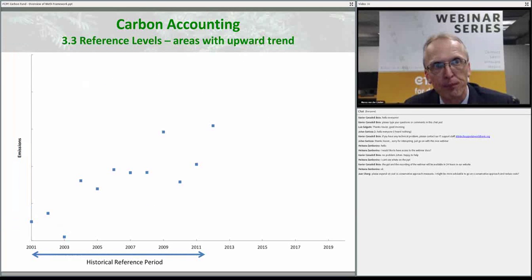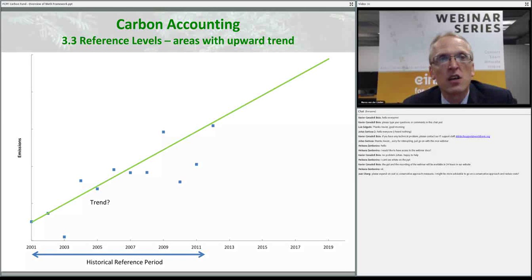So the fact that the methodological framework requires average and historic has some consequences, especially if you are thinking about doing a program for the Carbon Fund or for some other standard or donor. So if you're in a situation like what we see on the screen now, and you have an area where emissions are developing like this, so it seems like they're going up, you could say, well, we think there's an upward trend there.